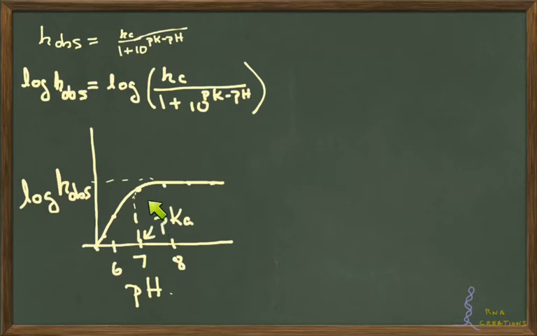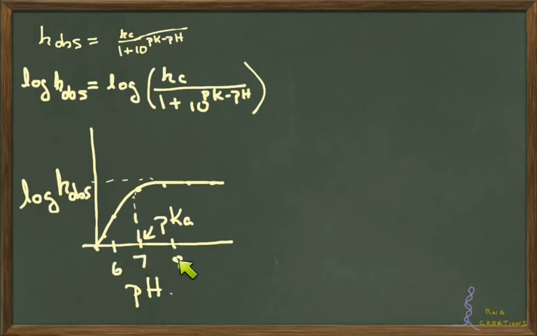So if this is a general base, let's say this is a histidine and it needs to be deprotonated, then it makes total sense. Because when the pH is 6, only 10% of it is in the deprotonated form. And when the pH is 5, only 1% is in the deprotonated form, and so on. When the pH is 7, 50% is in the deprotonated form.